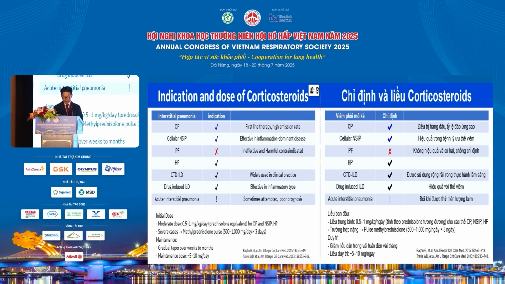Treatment typically begins with a moderate dose of 0.5 to 1 milligram per kilogram, gradually reduced over months. In some cases, pulse therapy with 500 to 1,000 milligrams may be administered.